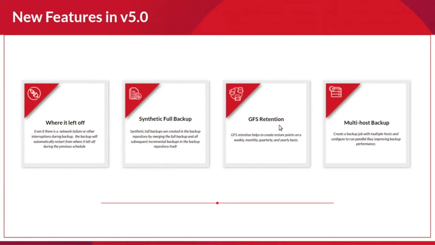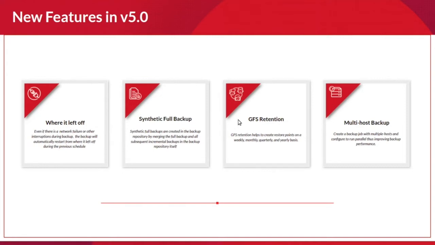You can create restore points on a weekly, monthly, quarterly, or yearly basis, and you can specify a different retention policy for each GFS recovery point. You can create this GFS retention by merging the data with the previous incrementals or with previously created full backups. So we are bringing a lot of granularity in creating GFS retention points.